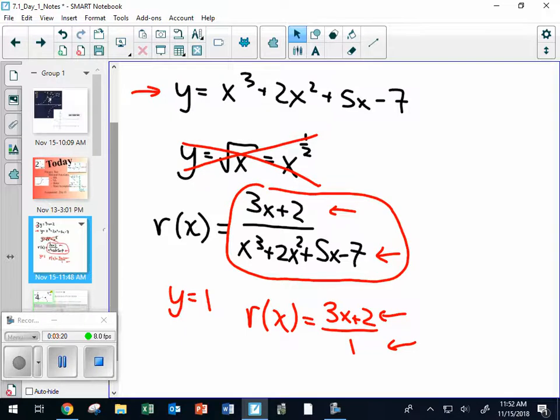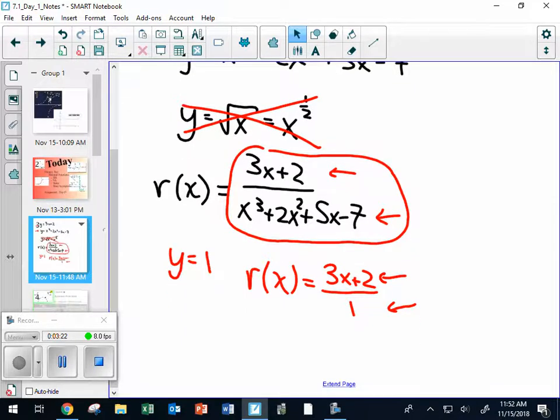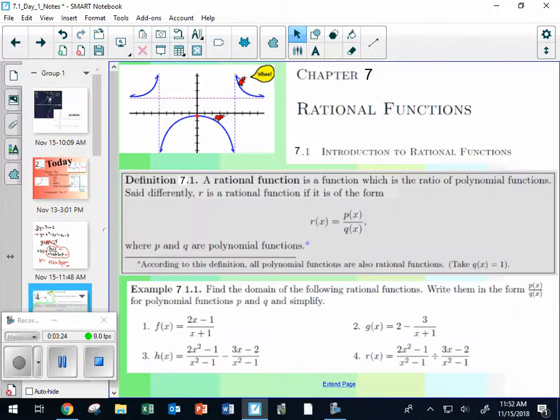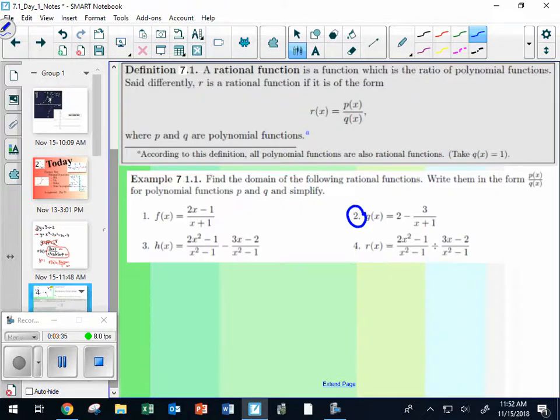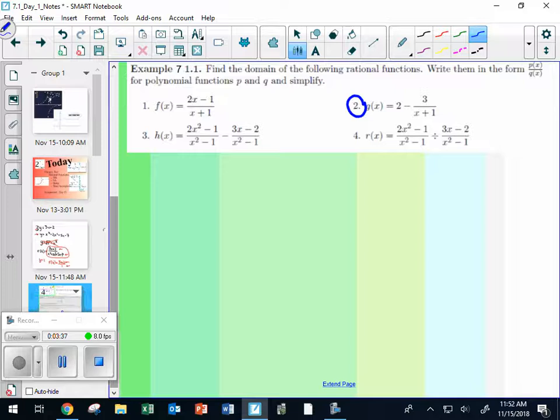Right? So to look at rational functions a little bit more in depth, I would like to point our attention to this second problem here. It starts with g of x. The problem with this problem is, right now, if you look at this, is this one central fraction that has a polynomial on the top and on the bottom?